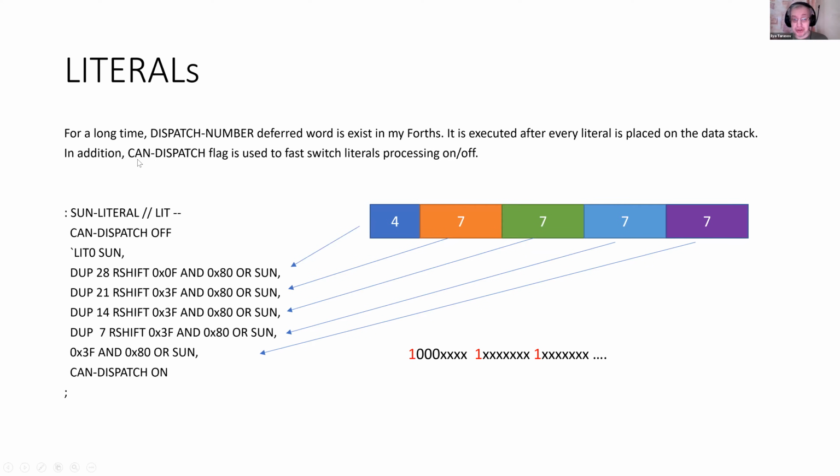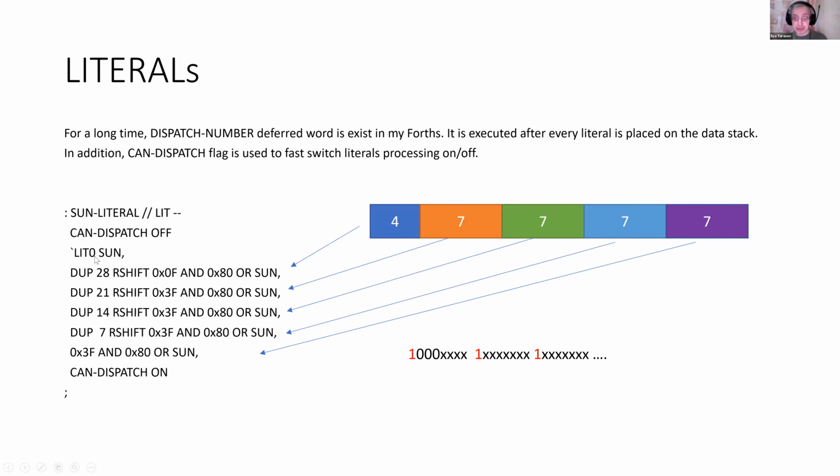In addition, I usually use a dispatch flag just for rapidly switching on and off the processing of literals. So previously we defined a very interesting approach where the high bit of the command is a flag for literal, and the other 7 bits go to the data stack, shifting the previous number. So what do we need?